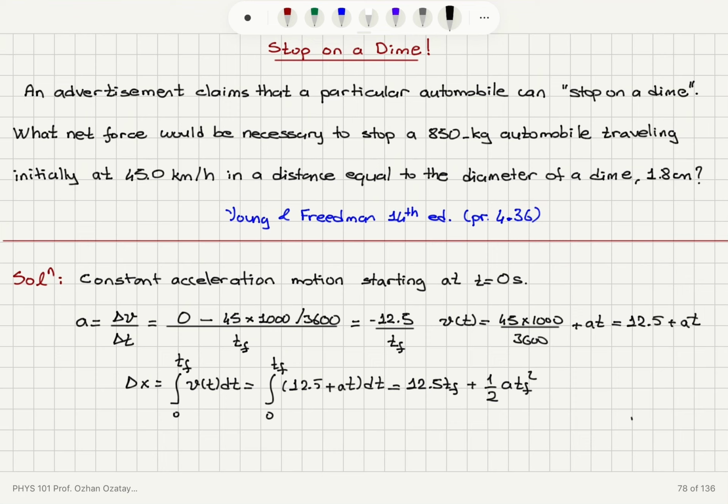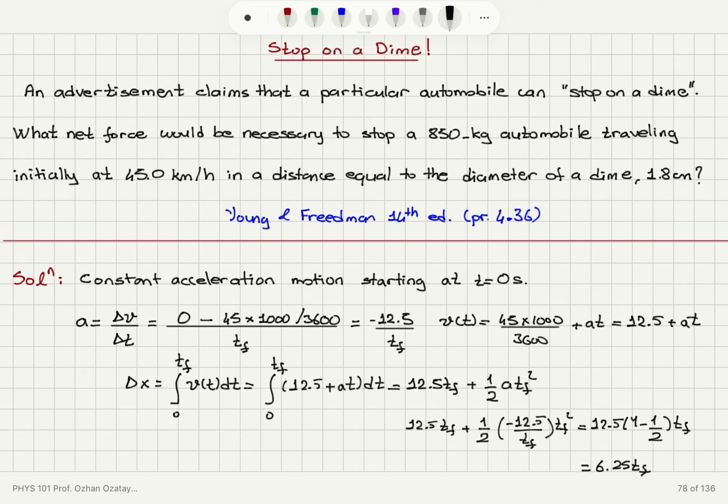So if you substitute here, 12.5 tf plus 1 over 2, the acceleration is minus 12.5 over tf, times tf squared. This is going to be 12.5 times (1 minus 1 over 2) tf, which is 6.25 tf.